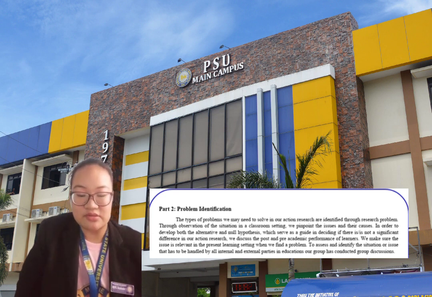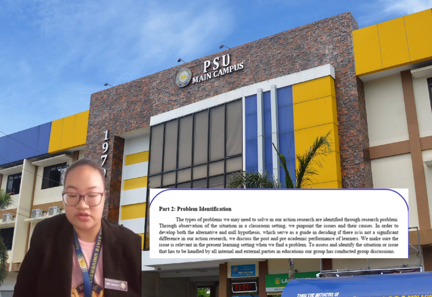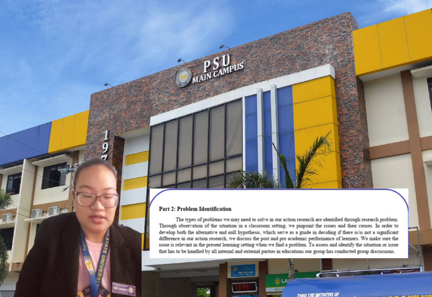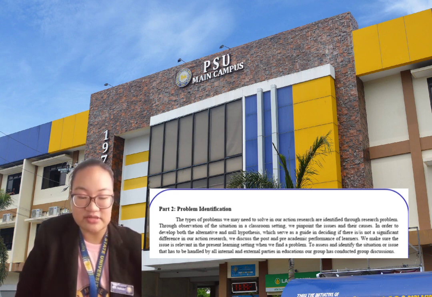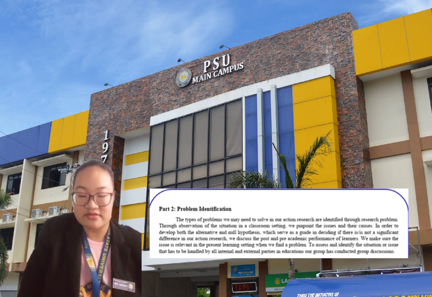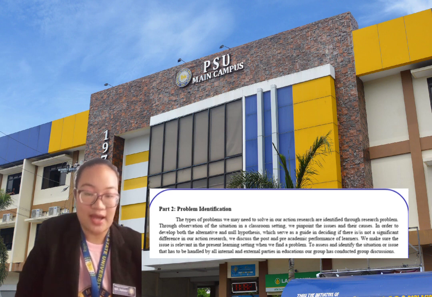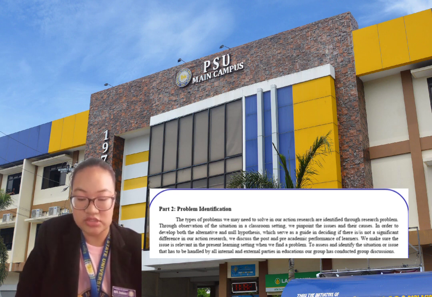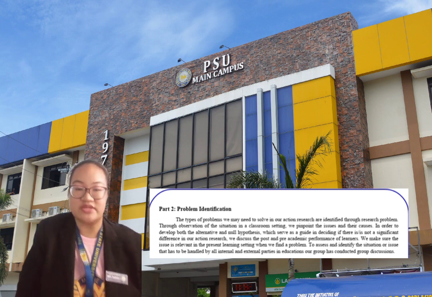We discuss the post and pre-academic performance of learners. We make sure the issue is relevant in present learning settings when we find a problem. To assess and identify the situation or issue that has to be handled by all internal and external parties in education, our group conducted a group discussion.